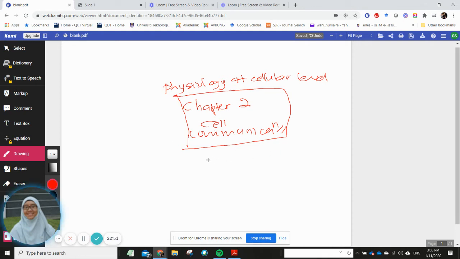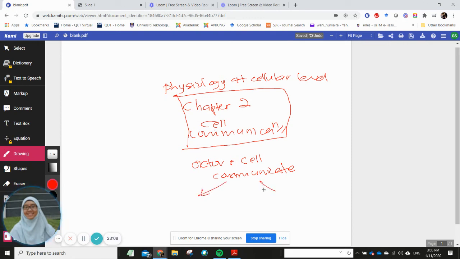So the actor for chapter 2 is the cell. Cells need to communicate, right? How do they communicate?